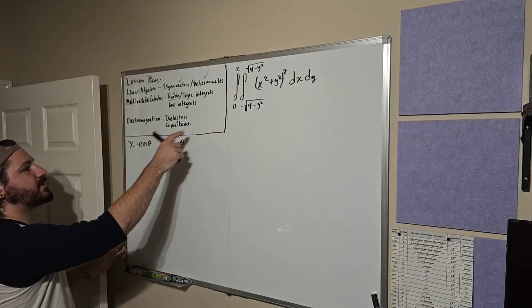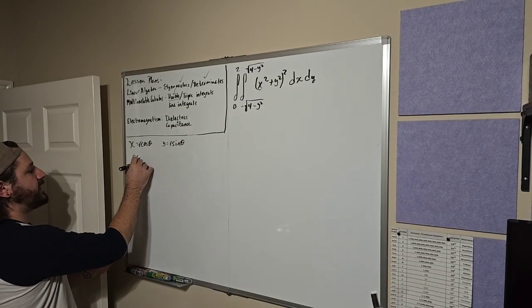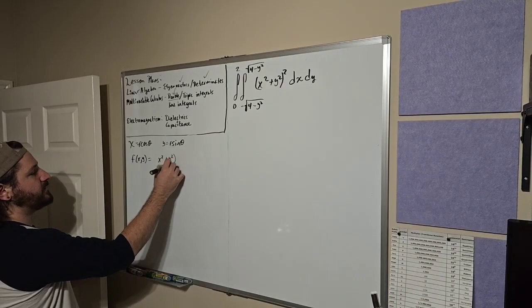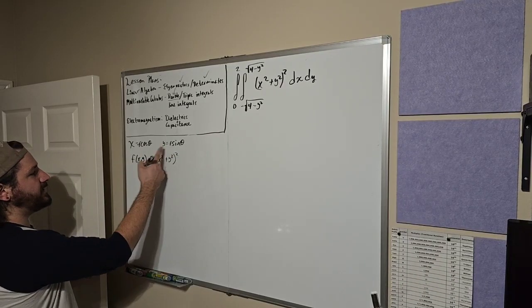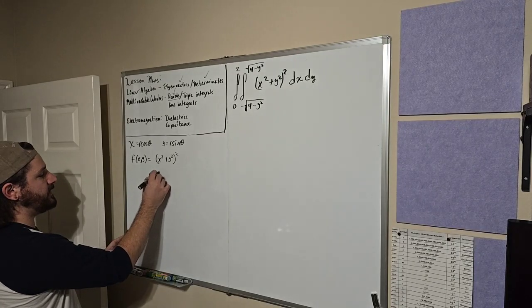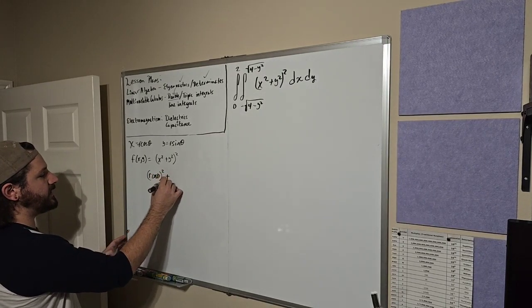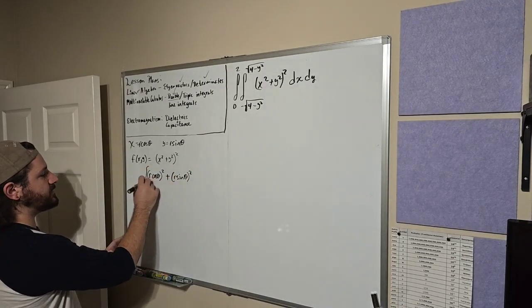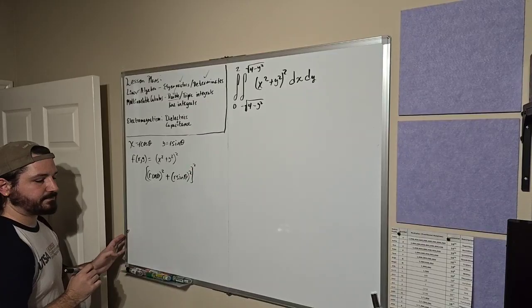So the first thing I'm going to do is convert my function. My function right now is f of x, y equals (x squared plus y squared) squared. So we're going to plug in these guys for x's and y's respectively. So we have (r cosine theta) squared plus (r sine of theta) squared, and all of that's squared.